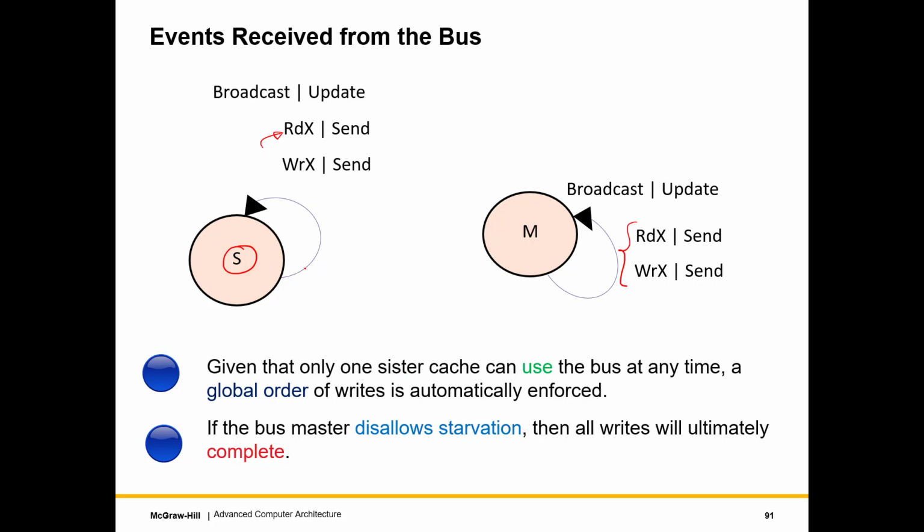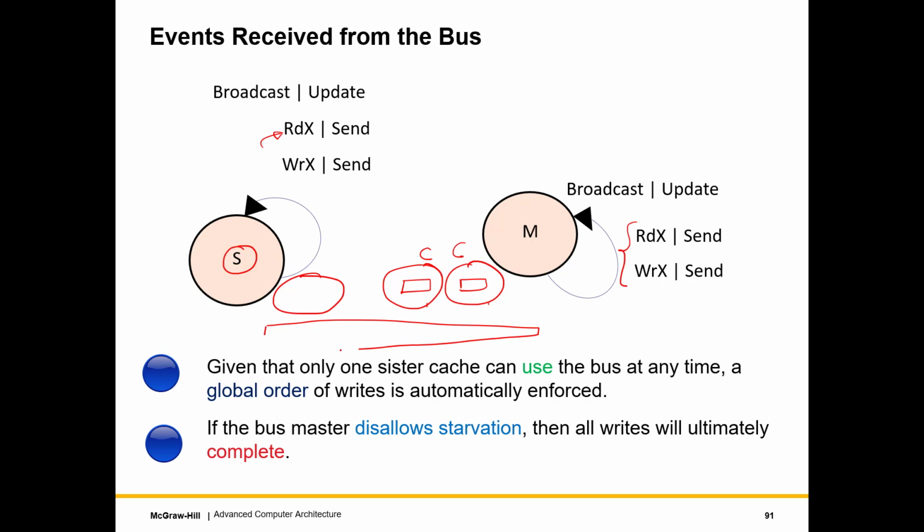So, of course, here there is a subtle point, and we will make a big deal out of this subtle point later. Let's say there are two copies of the block in two sister caches, and now a new sister cache wants a copy of the block. Who supplies it? This one or this one? Well, whoever gets access to the bus first supplies it.